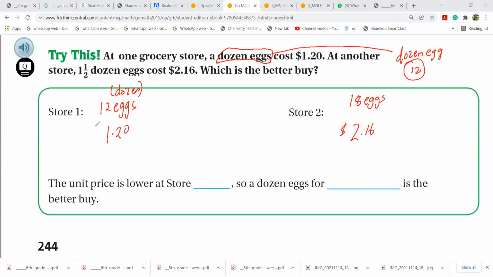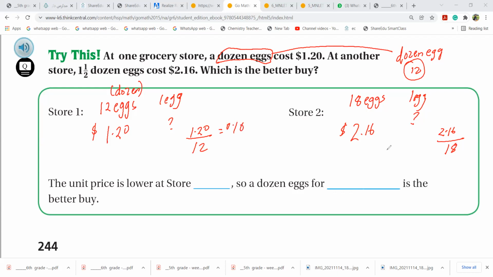So let us check. 1 egg is how much here? And 1 egg is how much here? Of course, you will divide 1.20 divided by 12. And here you will divide 2.16 divided by 18. This is nothing but 10, point is before two numbers.